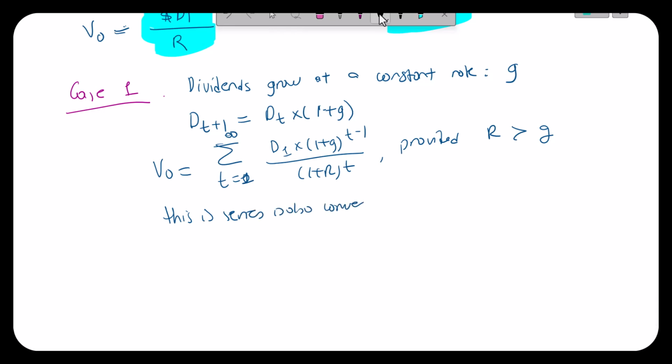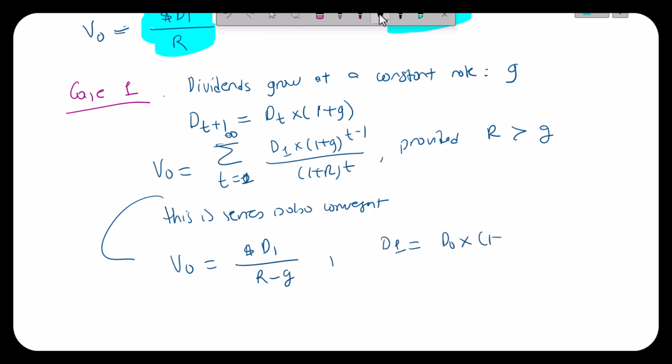And V0 becomes D1 over R minus G. If you don't know what D1 is, but if you knew last year's dividend, you can think of D1 as D0 times 1 plus G.